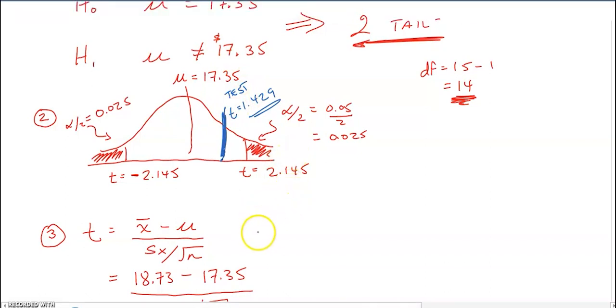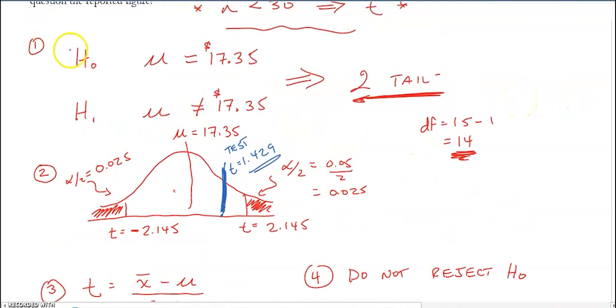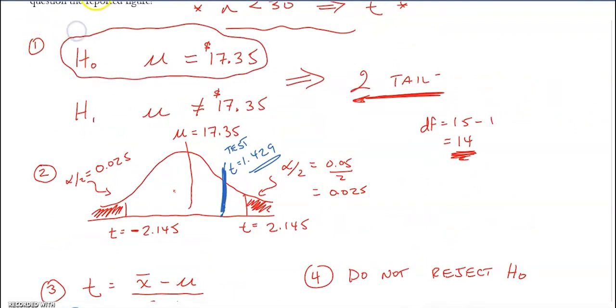So you can see that it falls in the non-critical region, right? We do not reject if it falls in this area here. So our decision then is do not reject our null hypothesis. In other words, we're going to assume it to be correct.